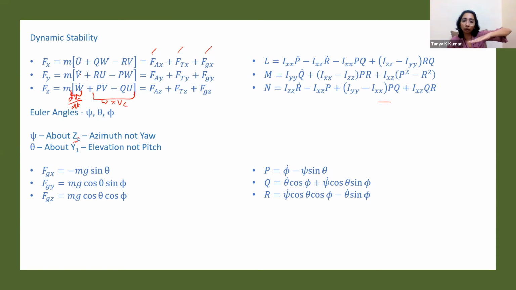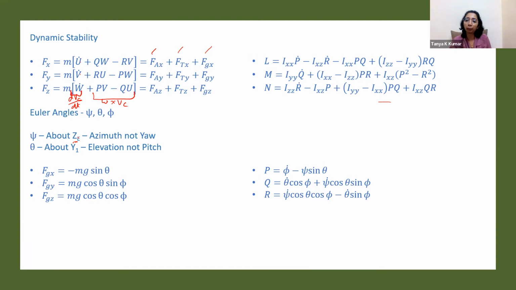Now, if you rotate about the new y1, you get theta, which is not the same as pitch. Pitch is about the body frame again. So it's not pitch, it's an elevation. It is a rotation about the intermediate axis y1. Okay, it's not about the body frame. Okay, so psi and theta, not to be confused with yaw and pitch, they are azimuth and elevation respectively.